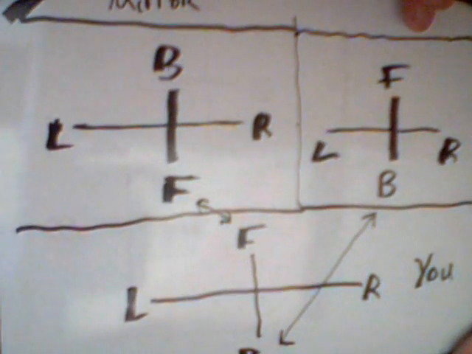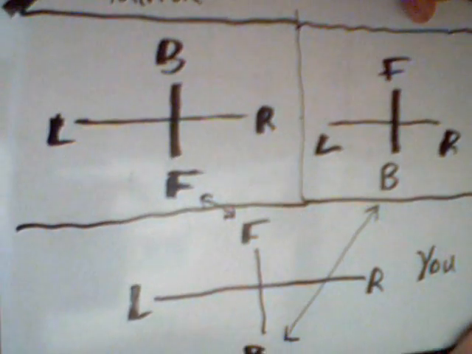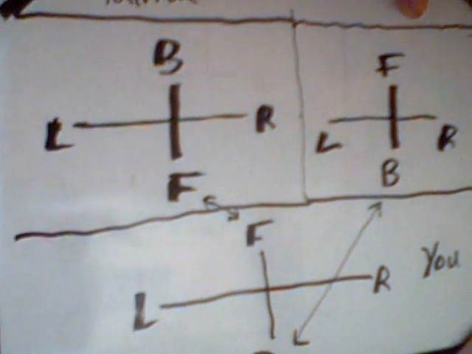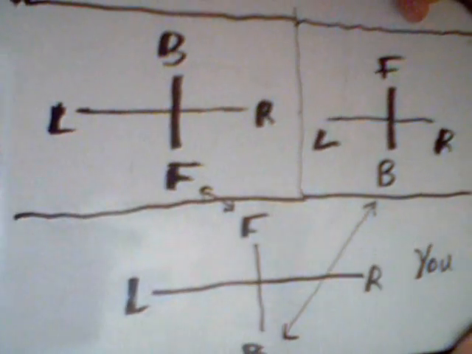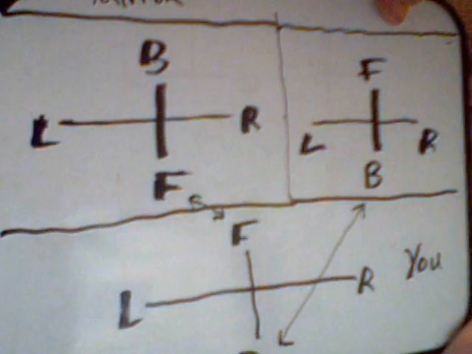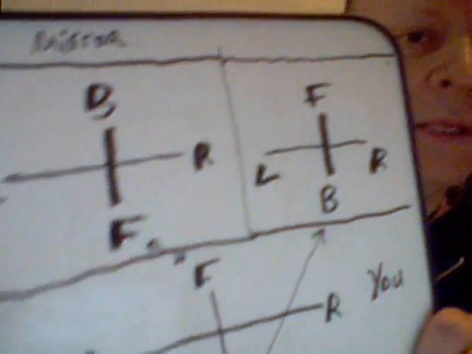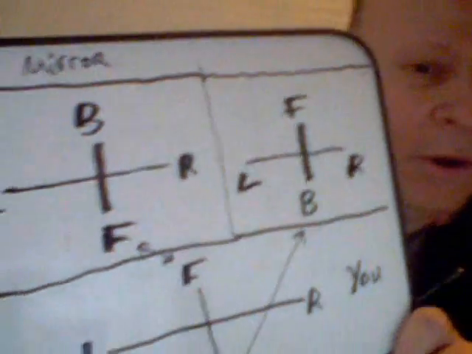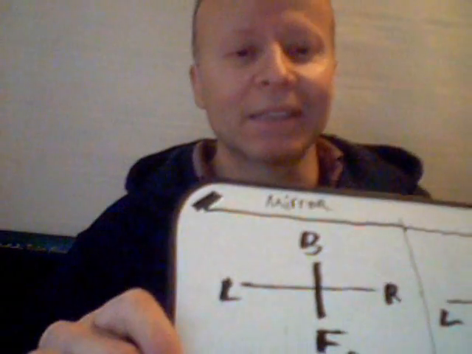And what you would see is, when you look in the mirror, you would see your back. Your front would be facing away from you, but when you raised your right hand, the mirror image would actually be raising the right hand, just like you are. But what happens is the image is raising its left hand when you raise your right hand. So that's a simple schematic to look at what is actually happening.